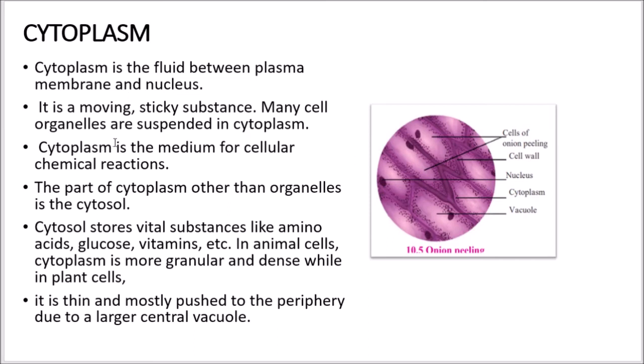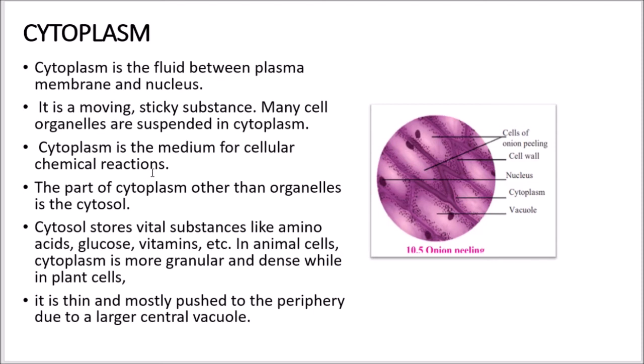It is a moving or sticky substance. Many cell organelles are suspended in cytoplasm. Like you may have observed in an egg, the whitish part in the egg is like the cytoplasm, and the yellow bulk or yolk is the nucleus. So cytoplasm is the medium for cellular chemical reactions.